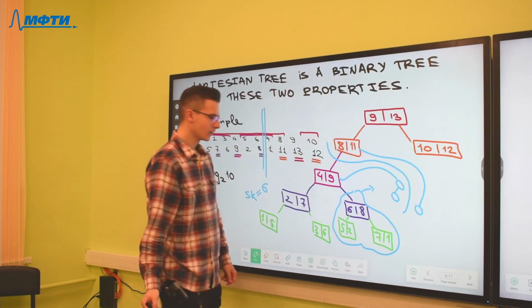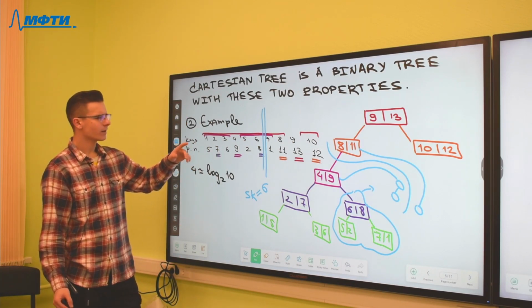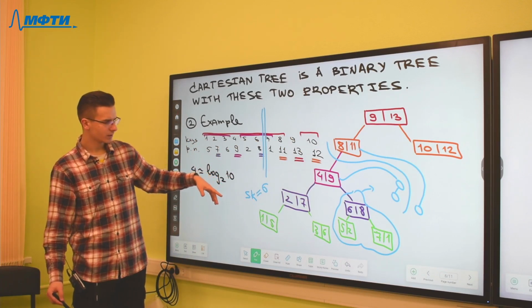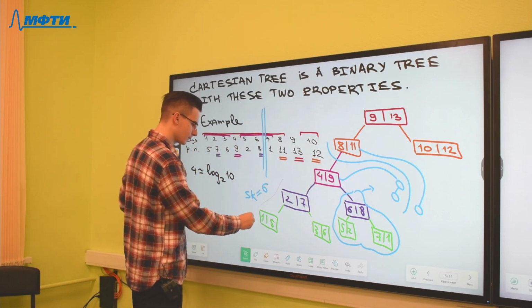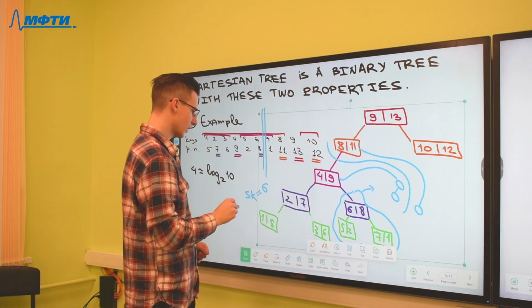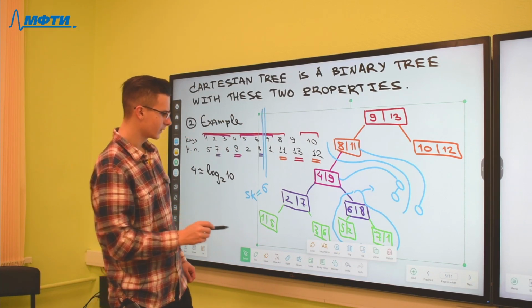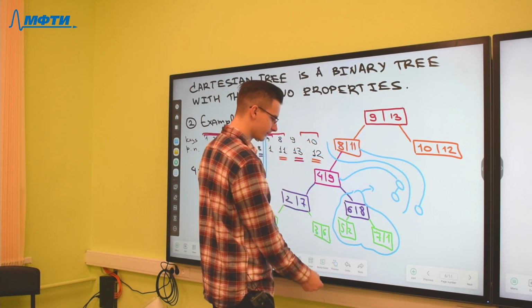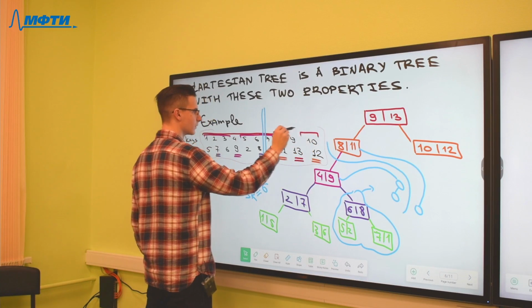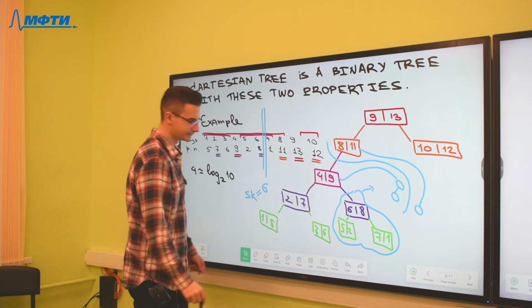Okay, and we have this tree after splitting, and we see that if we merge these two trees, we make this tree again. I try to compare it.